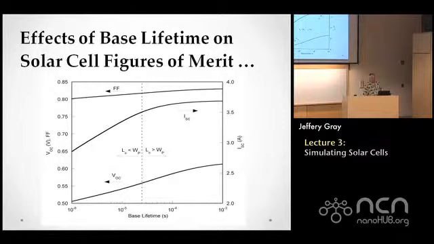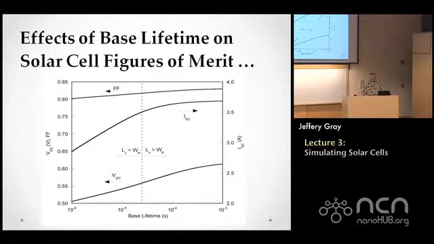So when you're on this side of the curve, where this ratio is about a third of the thickness of the device, you would call that a long base diode, because the diffusion length is much smaller than the thickness of the device. And over here, once you have the diffusion length two or three times the thickness of the device, that would be considered a short base diode. So there are two regimes of behavior that you can see here.